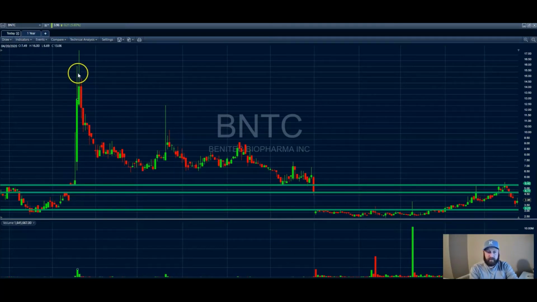You can see huge run way up to $17. Slowly gave it back, came down, bounced right off of this trend line, went up a little bit, and then actually did break through and filled that gap. It put a candlestick within that gap.